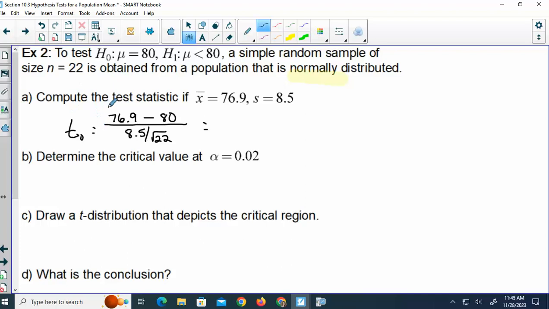Make sure you do parentheses around the numerator and the denominator in this. So my t is negative 1.711.